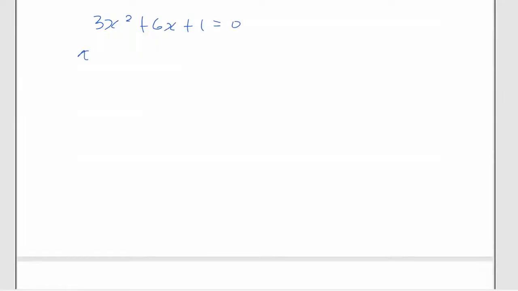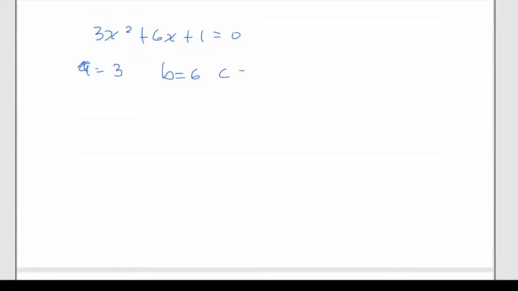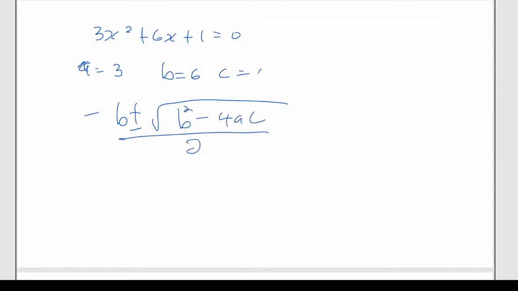So we know that our A is a 3, our B is a 6, and then our C is a 1.